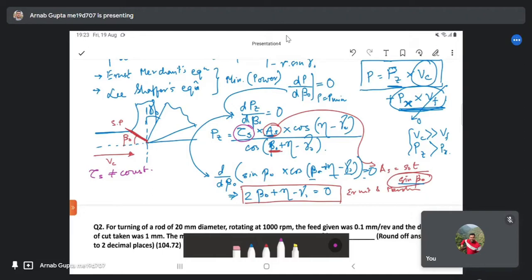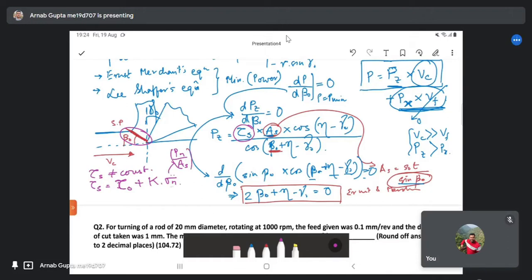From that we can write tau s as a linear function of the normal stress that is getting imposed on the workpiece material along this shear plane. So it can be written as tau naught, which is a constant, plus k, which is another constant, into sigma n. This is the normal stress. Normal stress is nothing but the normal force Pn divided by the shear plane area As.